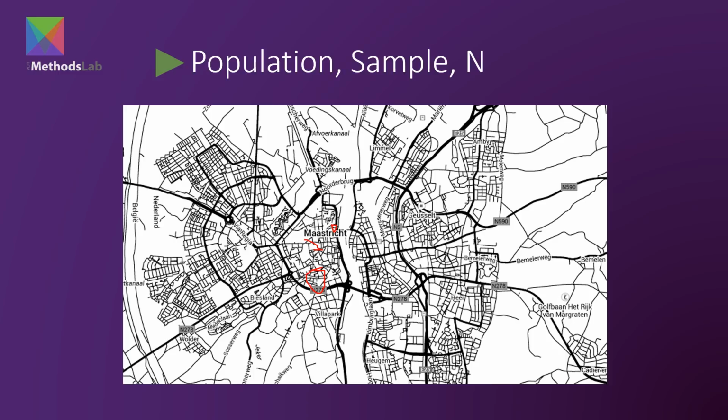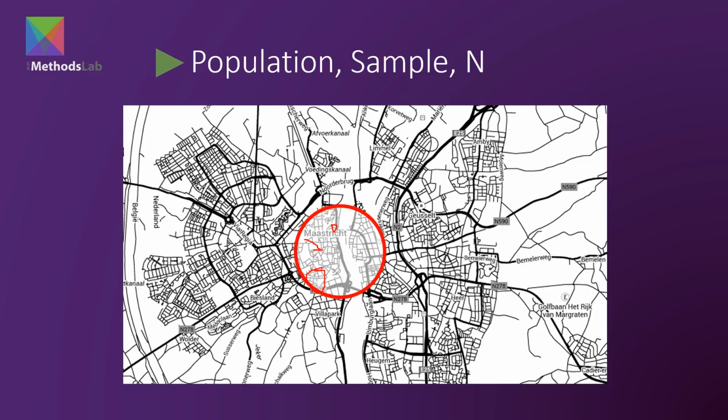If we did a study on pebbles on a beach, or grains of sand on a beach, every grain of sand would be part of this population. The sample then is the subset that we take from that, so the grains of sand that we take at random, or in this case, the people that we interview at random or using a certain strategy. Then finally, N refers to the size of the sample. In other words, in this example, how many people did we talk to?